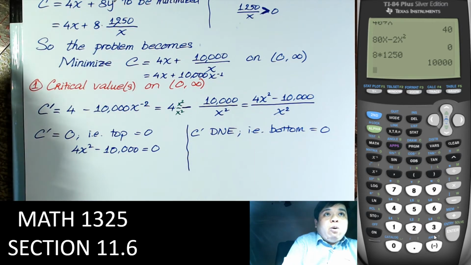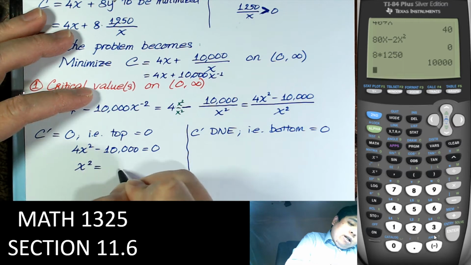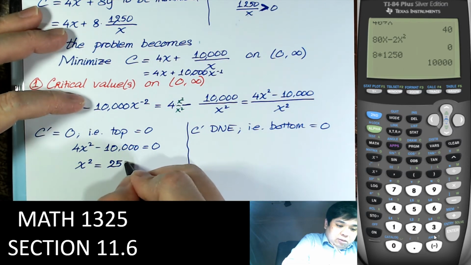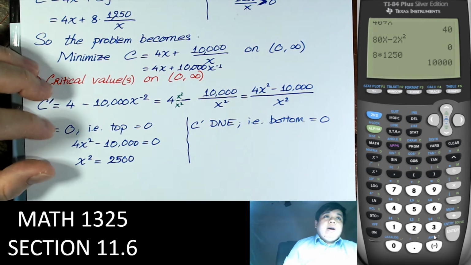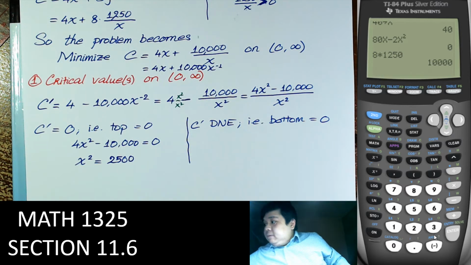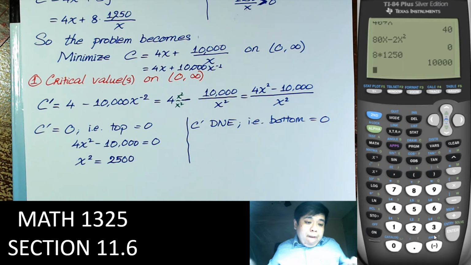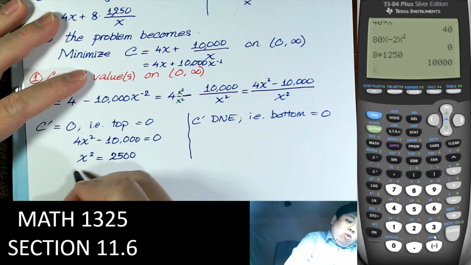Right, divide by 4 on both sides. X squared equal to 2500. And then take the square root on both sides.